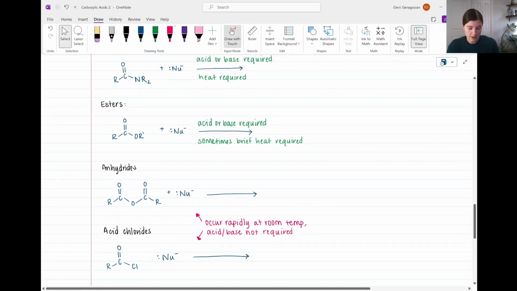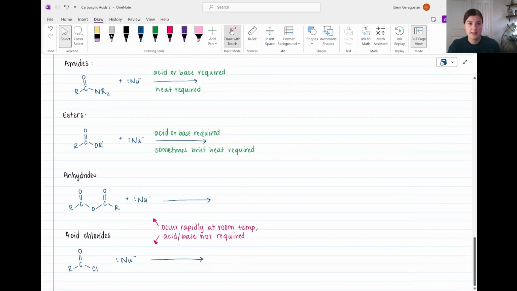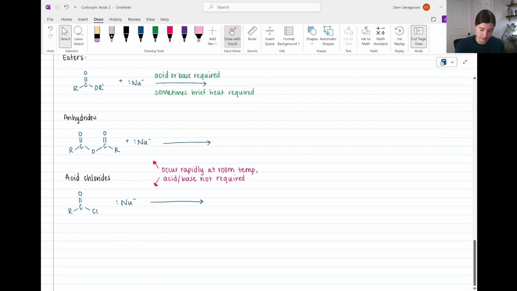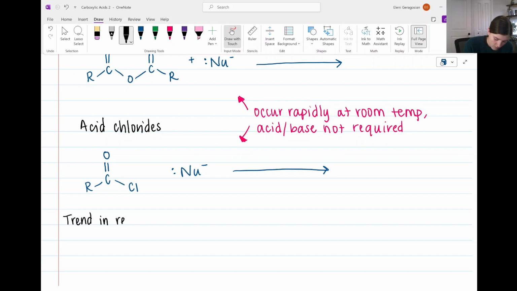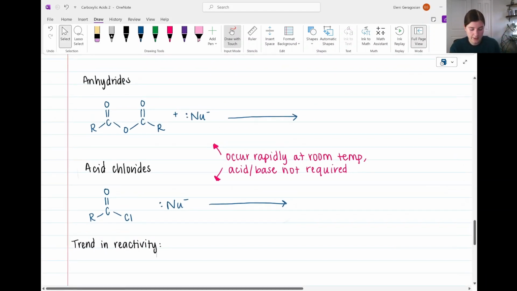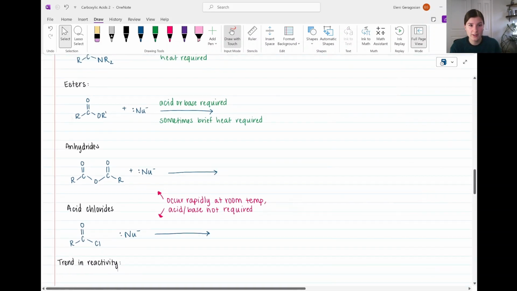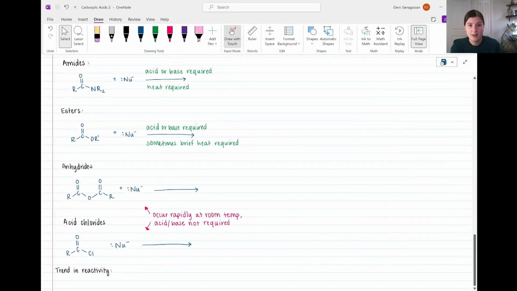So if we look at all four of these now, amides, esters, anhydrides, and acid chlorides, we can write the trend in reactivity for these carboxylic acid derivatives. So I'll zoom back in. Based on reaction conditions required, amides are less reactive than esters.